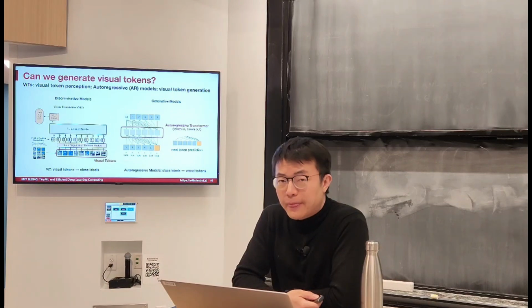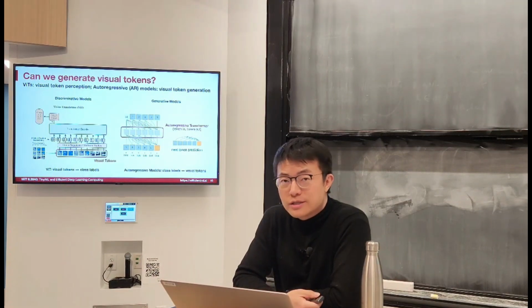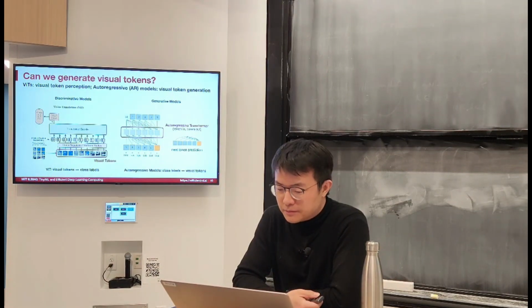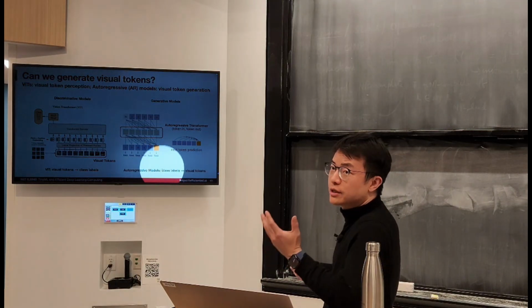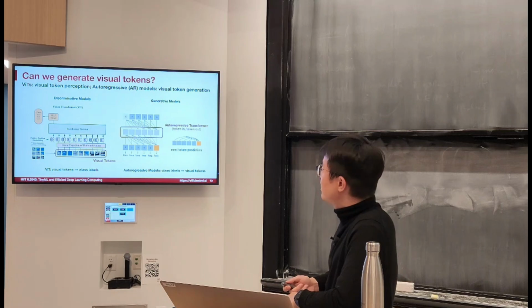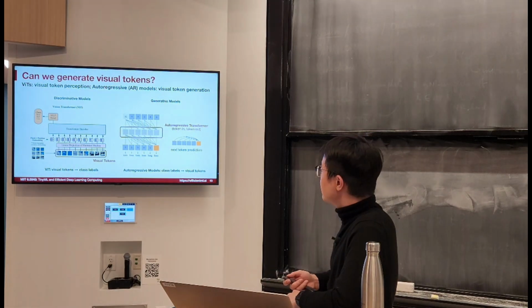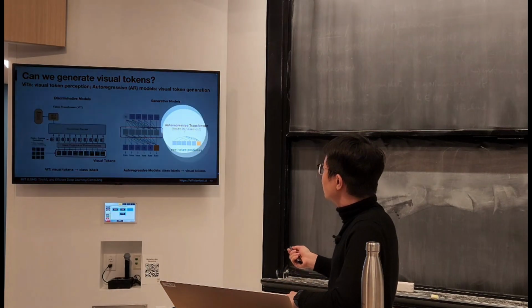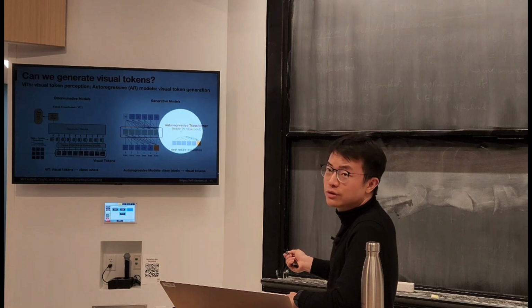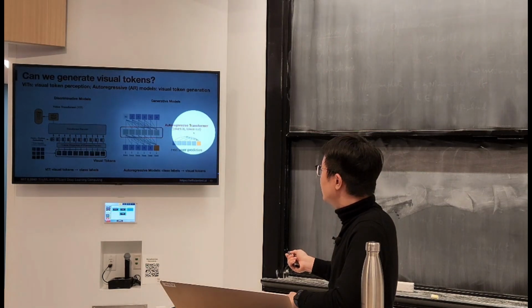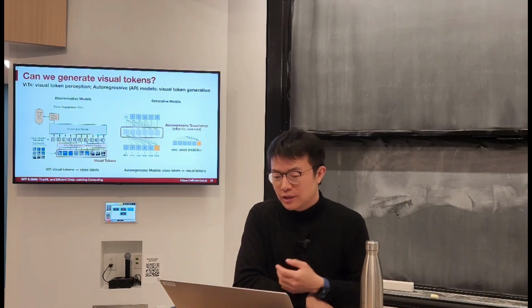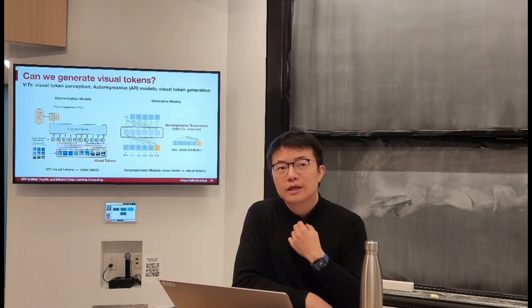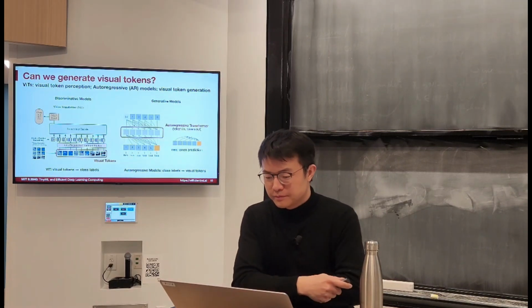Now we want to design generative models that can generate images. Autoregressive models can naturally generate tokens. So the natural thought is, can we use an autoregressive transformer to generate visual tokens in a token-in, token-out manner? The input token could be the language, what we want to generate, and the output token would be the image token.